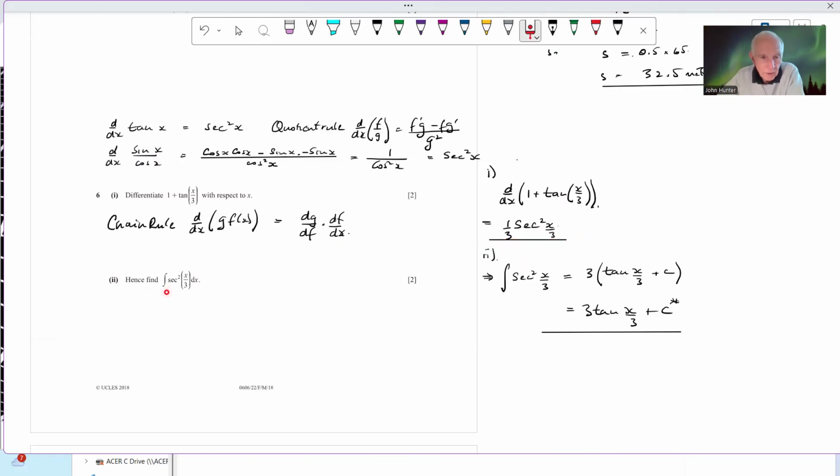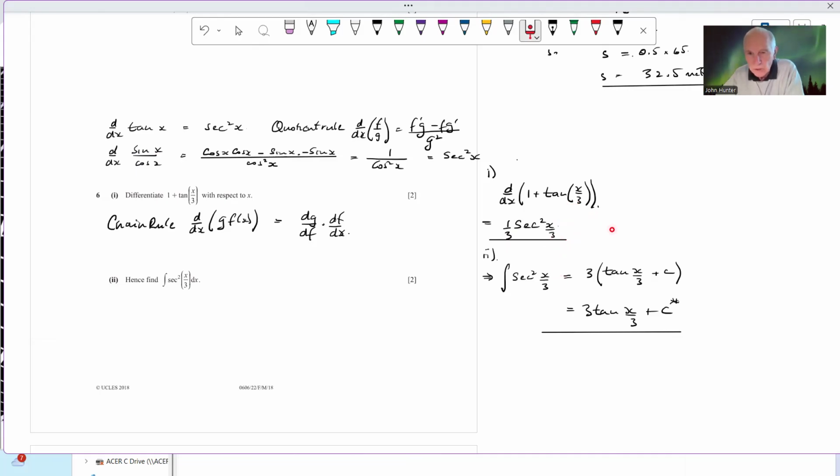Right, and then hence find the integral. Well, this is just the backward process, isn't it? So what we're saying is if this is the derivative of this, then this must be the integral of this.